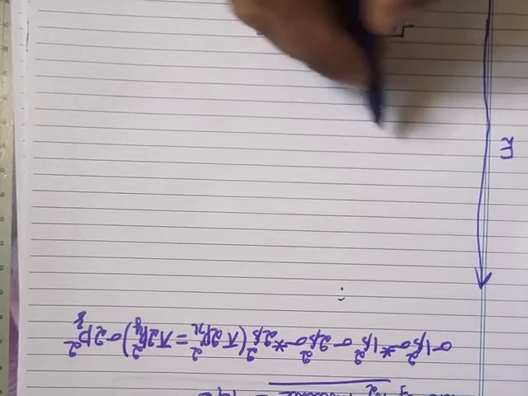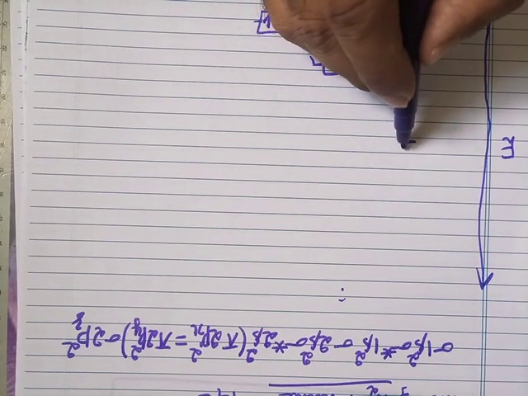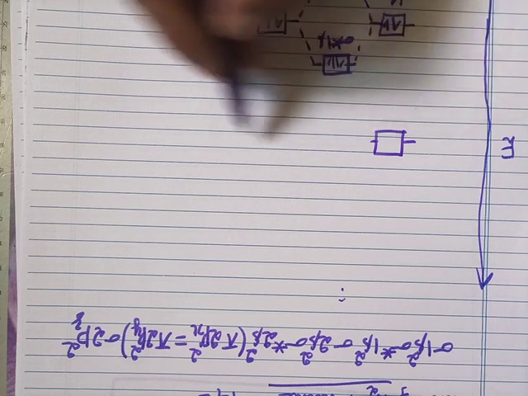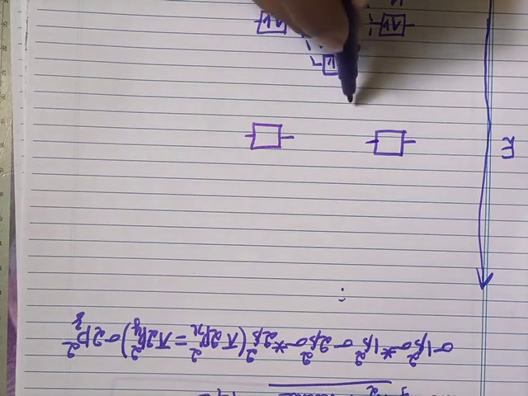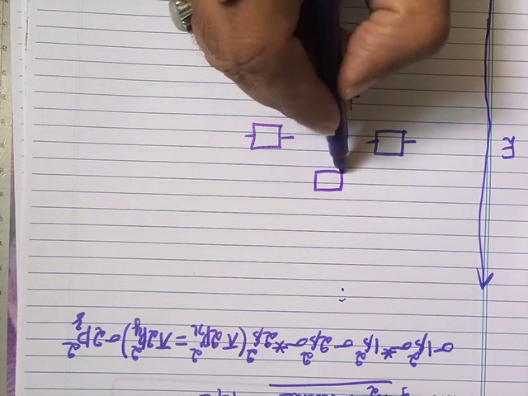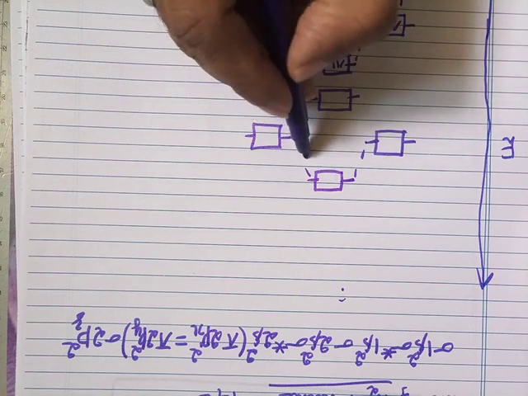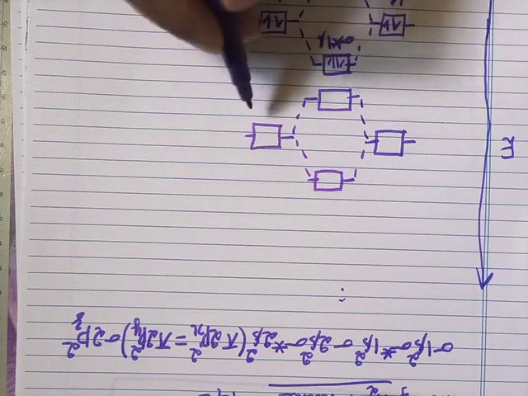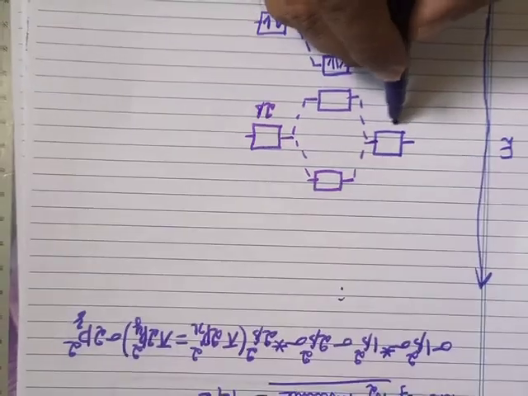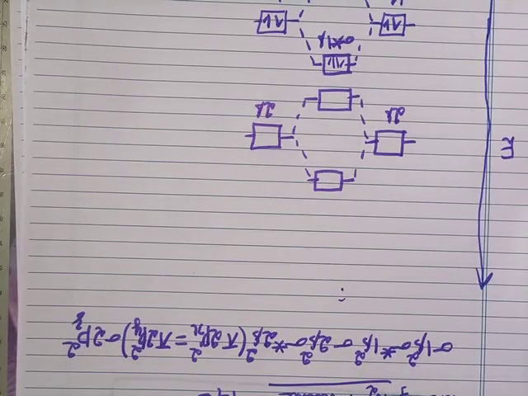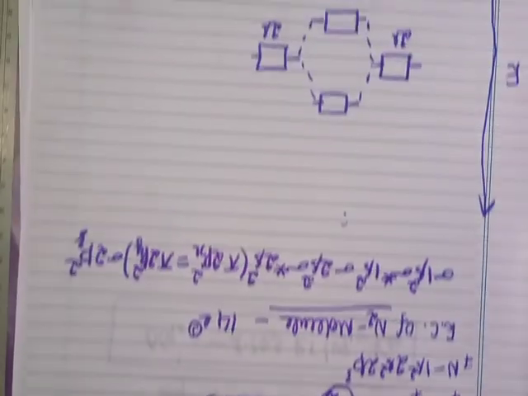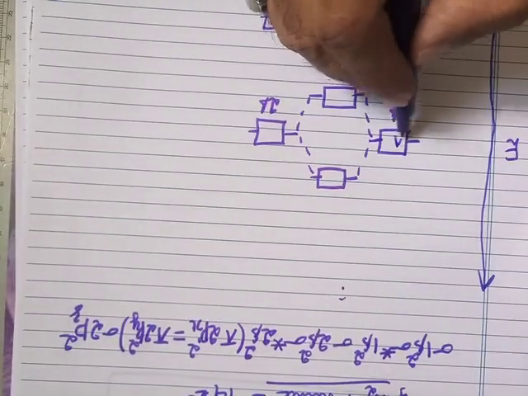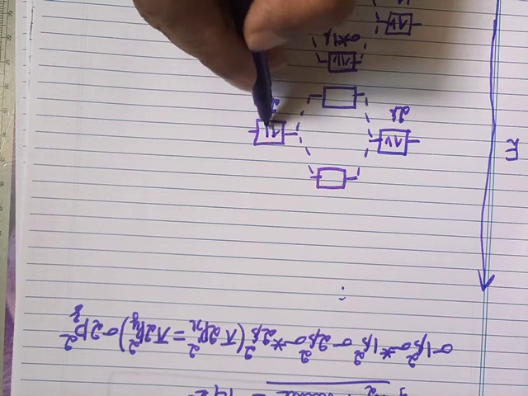Next, the 2s atomic orbitals. When the 2s atomic orbitals of the 2 nitrogen atoms combine, they form one BMO and another ABMO. In the 2s atomic orbital there are 2 electrons, so each nitrogen atom contains 2 electrons in its 2s atomic orbital.